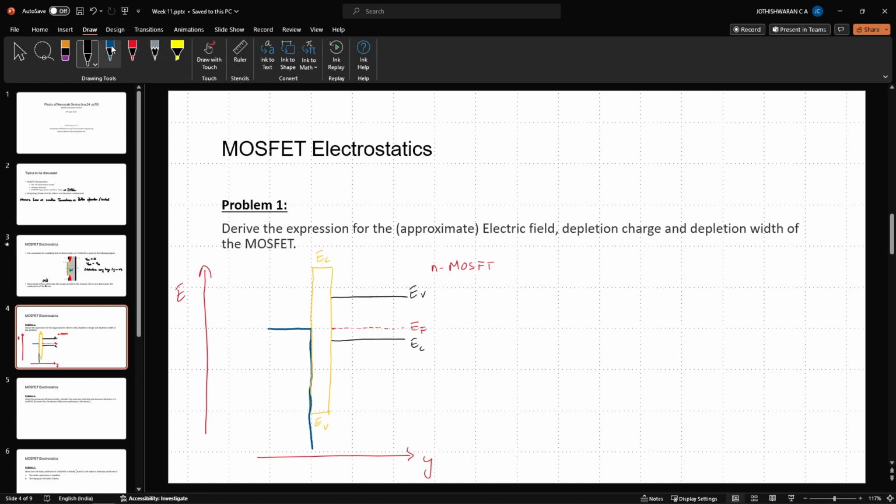Since this is a metal, the conduction band or valence band levels are kind of irrelevant. What kind of metal this is, I don't care. I will just say this is the Fermi level, and everything below the Fermi level is occupied. This is an electron rich system. So we have this kind of an arrangement. So this is a MOSFET.